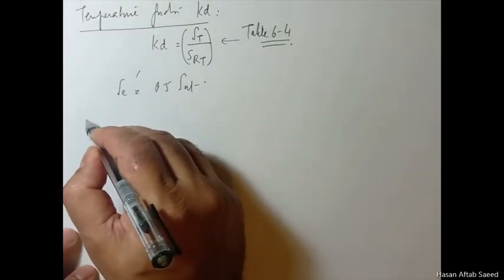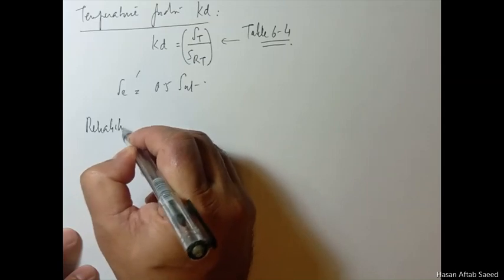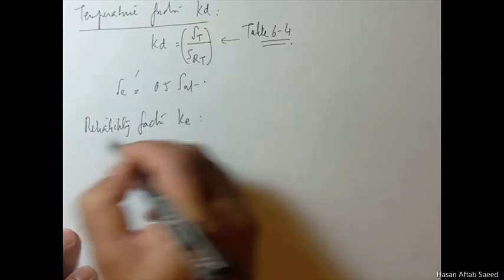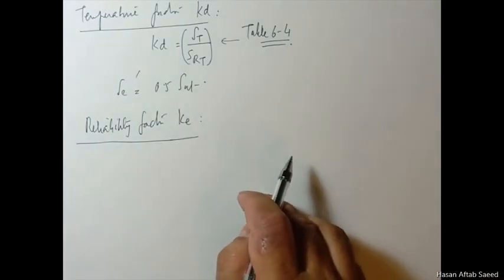Now, the next factor in line is the reliability factor KE. Now, this one is very simple.